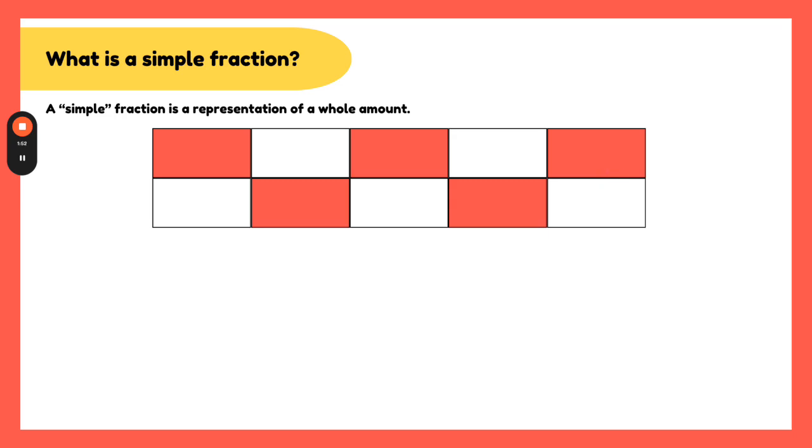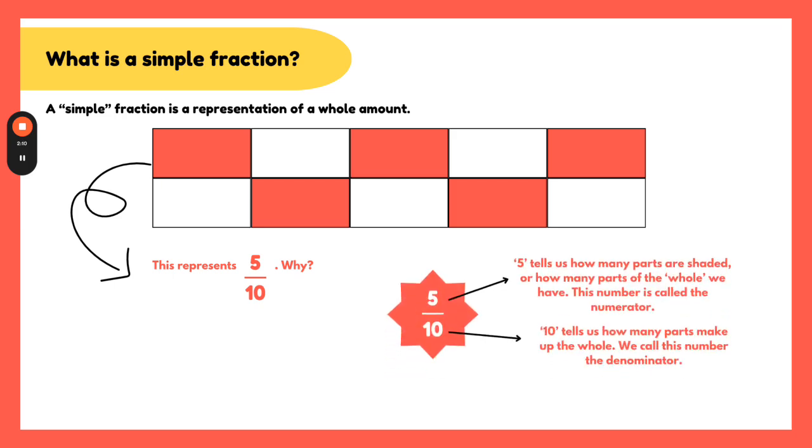So if we wanted to represent this diagram, if you ask me what fraction of the diagram is shaded, I would say it's 5/10. And why? Well, if we look at how many parts are shaded, there were 1, 2, 3, 4, 5.